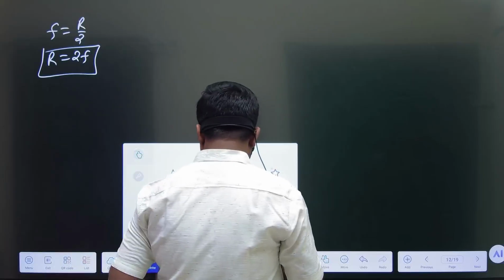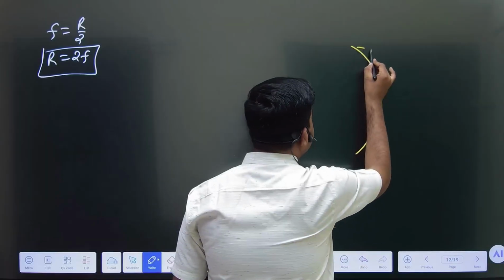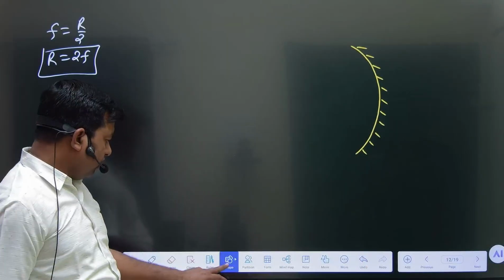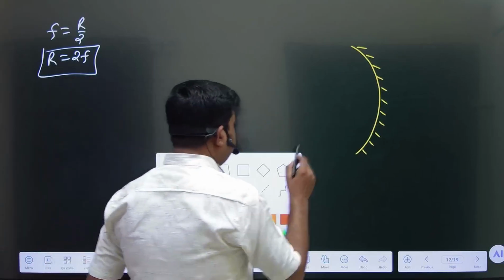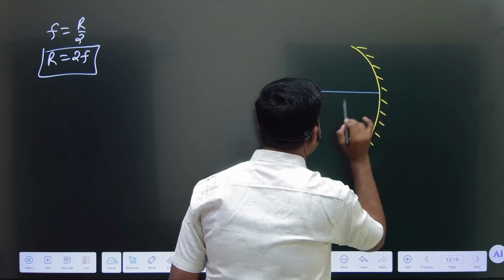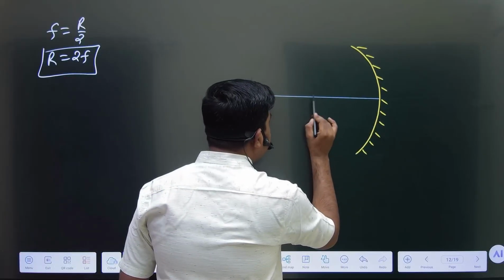So we take a spherical mirror. Let's say this is a concave mirror having pole P, focal length f, and radius of curvature R. This is the principal axis and P is the pole.